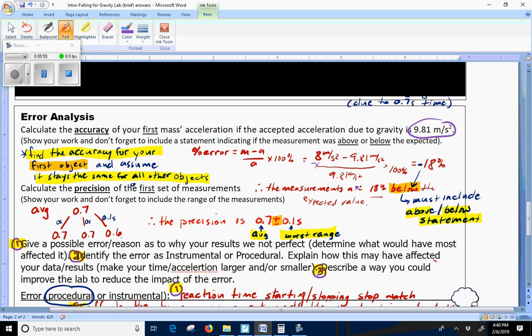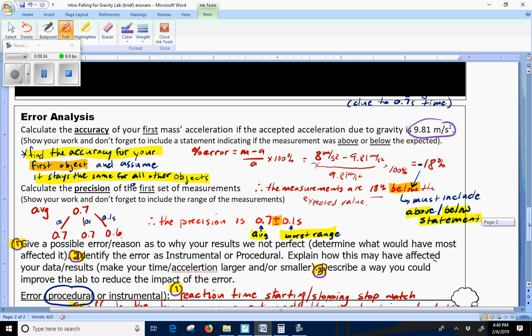Make sure in your final statement you round to appropriate significant digits. Here actually should be 20. And then include a statement saying, is the measurement above or below what it should be? So here, the measurement is 18% below the expected value. So make sure you include below, or if your measurement's a little bit too high, you put down above.